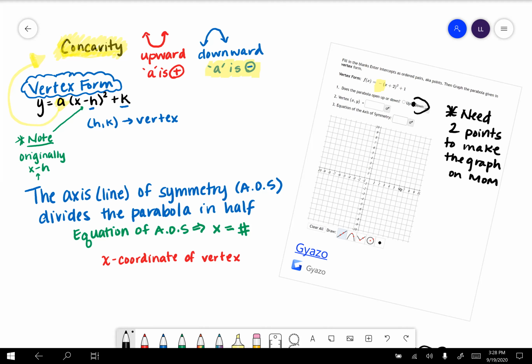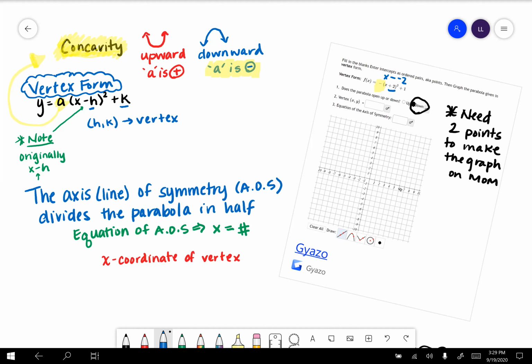Next, we need to consider the vertex. Vertex form reveals the vertex, what H and K are. In our case, this is supposed to be a minus, but instead it's a plus. That means that when they plugged it in, it was originally x minus a negative 2.